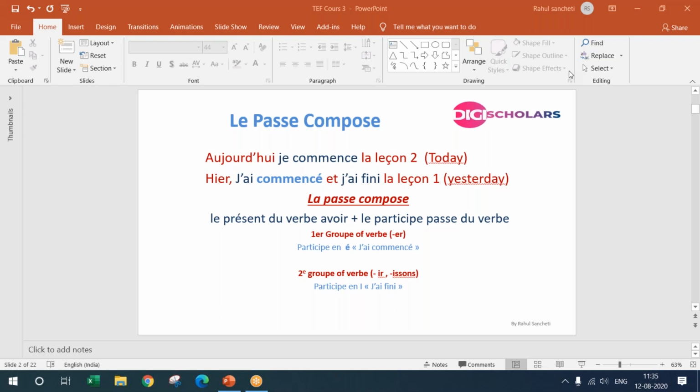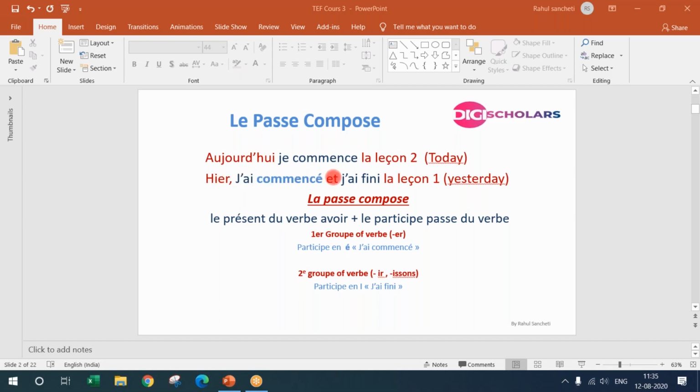So you have to write the past participle of the verb, and then the object remains the same. That is how the format is. In the example in the slide, we have aujourd'hui, which is today. Je commence la leçon 2, that is, I start lesson 2, in the present tense. There is only one verb here, but when I conjugate the same sentence in past tense, it will be hier, which is yesterday.